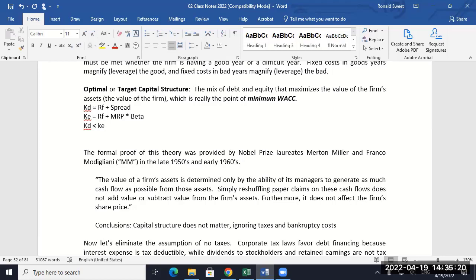Why? Well, because if the firm goes under, the stockholders are wiped out and the bondholders get whatever is left. So it's riskier to be a stockholder, so they should have a higher cost of capital. So some people look at that and say, well, if cost of debt is always lower than cost of equity, and there are some debates.